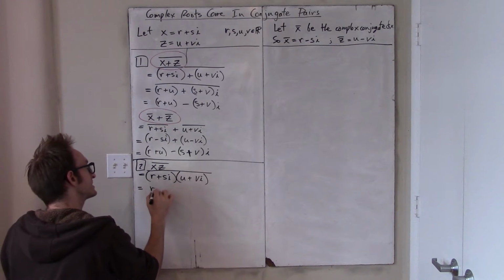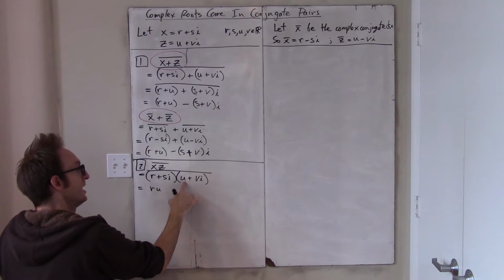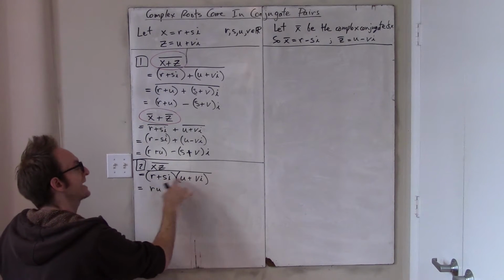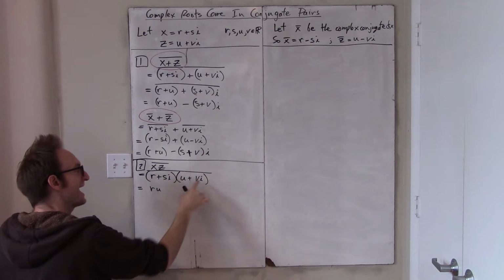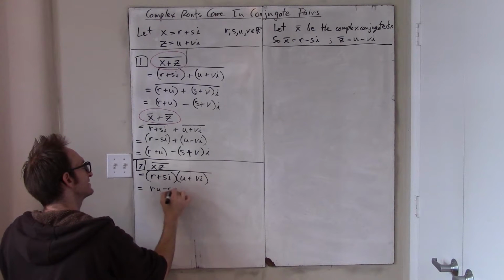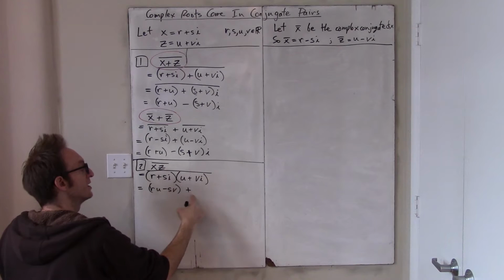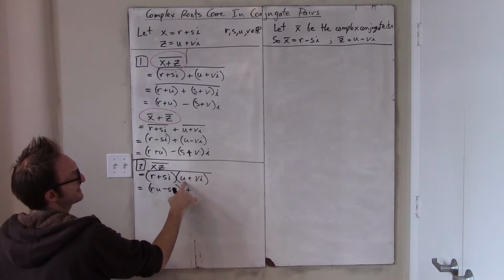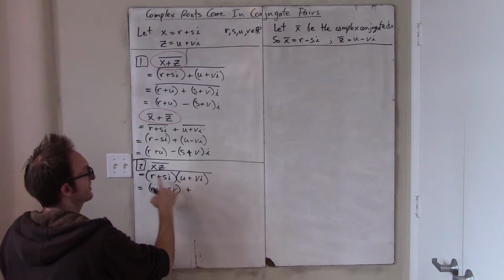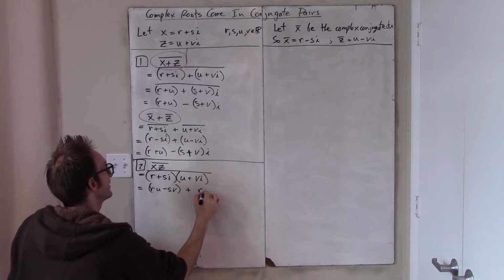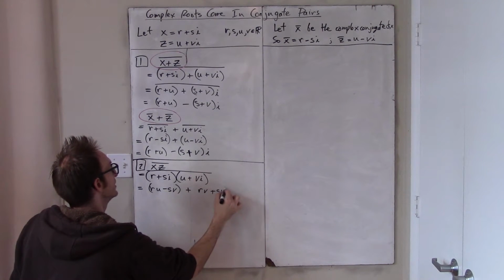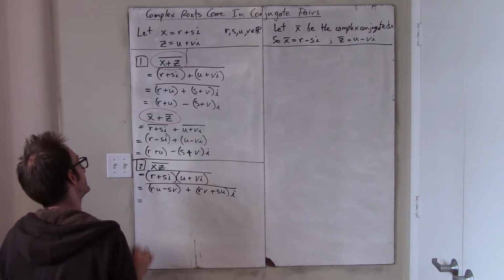The real part is going to be ru, and when you multiply si times vi, you get sv i squared, so it's minus sv. That is the real part. And then plus, what is the imaginary part? You multiply s and u, and you also multiply r and v. So it's (rv plus su)i. And then I'm going to take the conjugate.